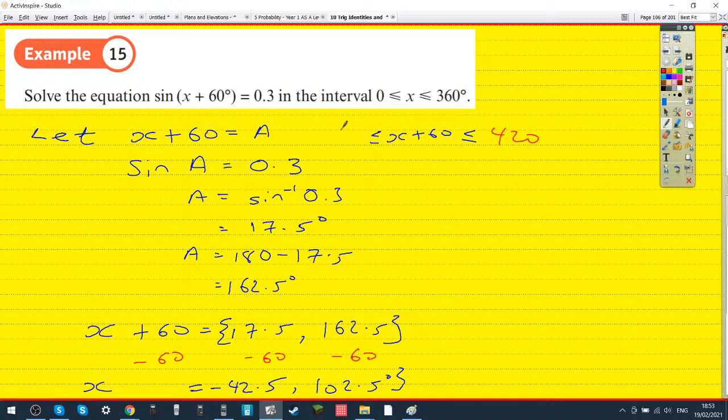So how do we change our values so that they are between 60 and 420? One of them is already between 60 and 420. Add 360 to minus 42.5. What do you get? 317.5.